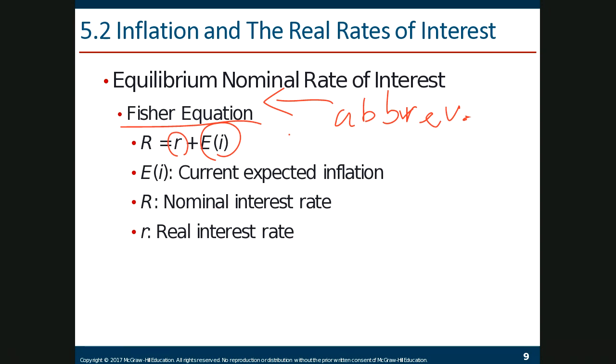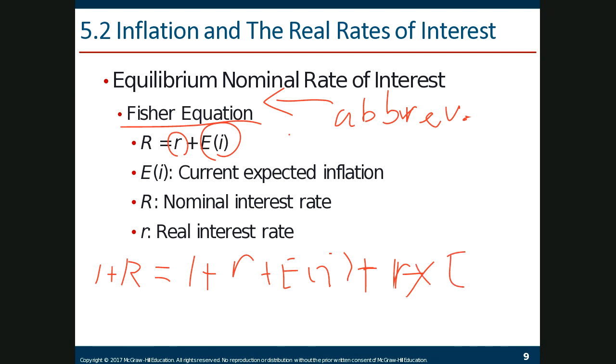So previously, if we had 1 plus R, it should be equal to what? 1 plus R plus expected I. And you have another term, if you expand the brackets, that should be the R times the expected I term. Okay, so this term, argued by the Fisher equation, should not be mattering that much.